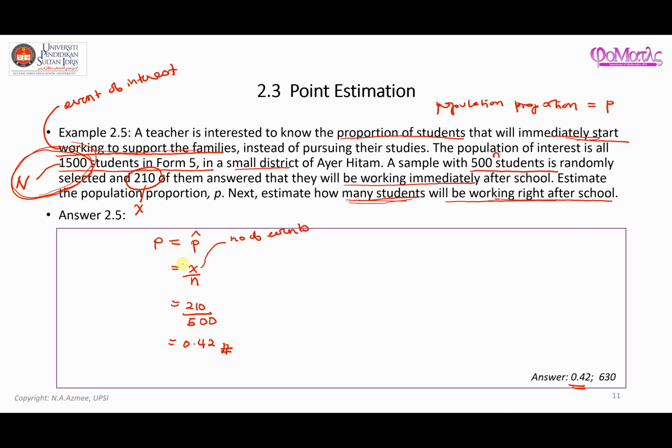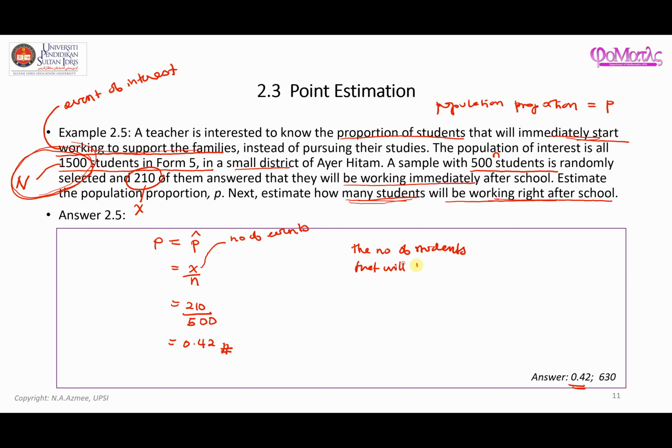This 210 here is the number of students in that sample that express their interest to work immediately. So now how about the population? Okay, how about if we look at the population, what is the number of students that will be working immediately after school?